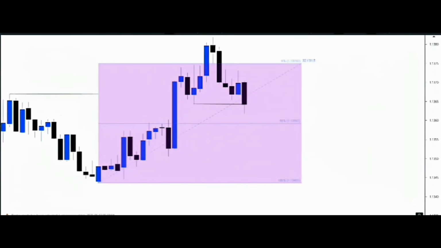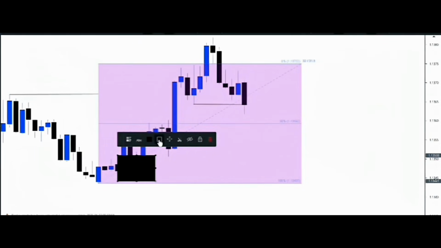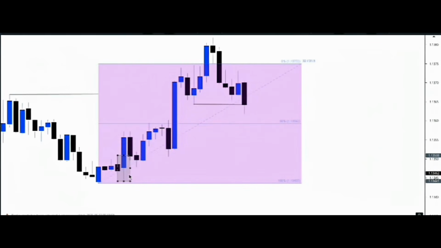After inducement has been taken, where do you have your area of interest? Well, if you look at it carefully, everything here has been mitigated. For example, if we start from this low to mark our areas of interest, let me change this color. This is already mitigated by this pullback here, so we cannot use that one.